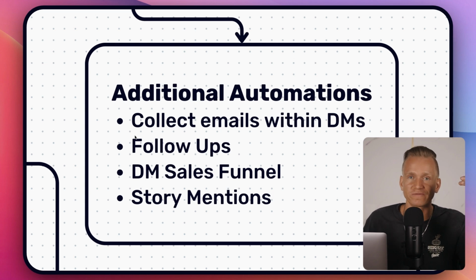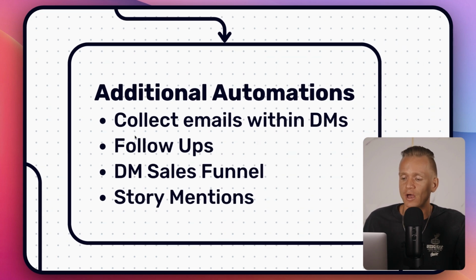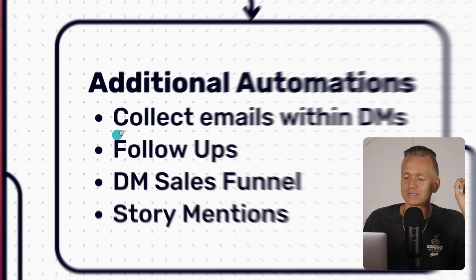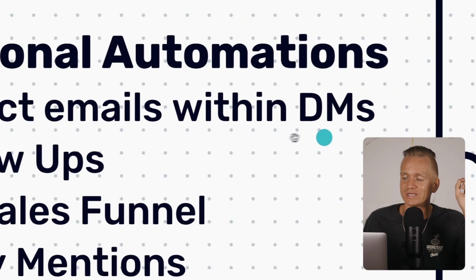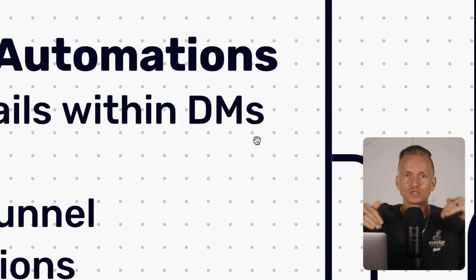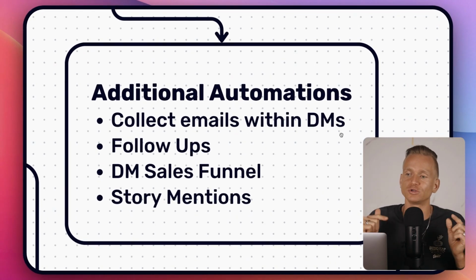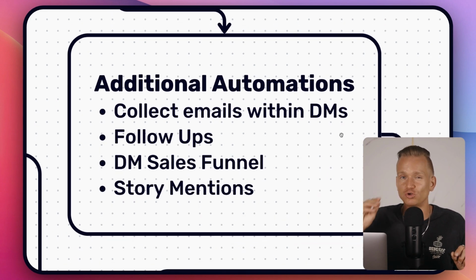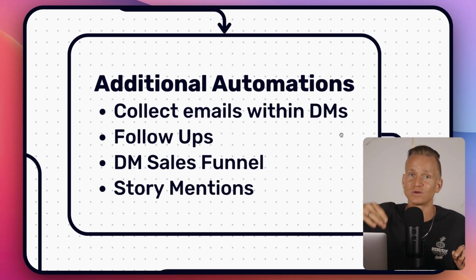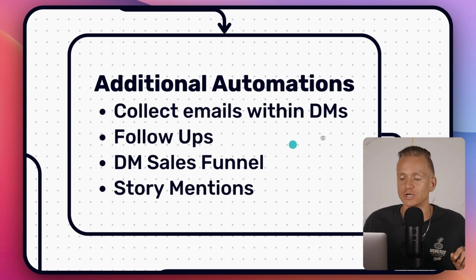Obviously you can just send a freebie and that's it for the engagement, but also some of these softwares will allow you to collect emails within the DMs. So basically there's an automated message, they ask for the email address, and you can set it up in a way it's going to be directly put into your email database. So you don't need to do anything. You don't need to have that extra step where someone goes to your opt-in page.